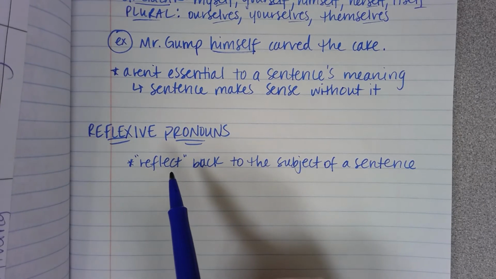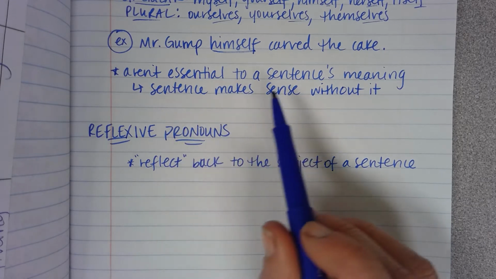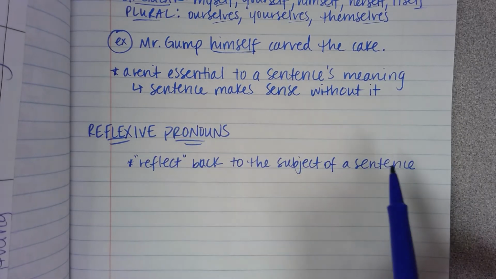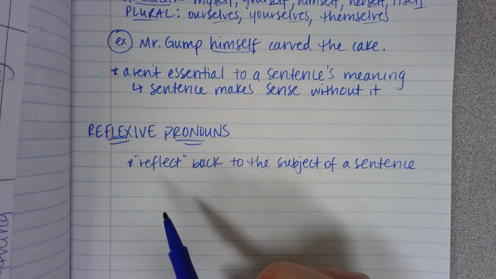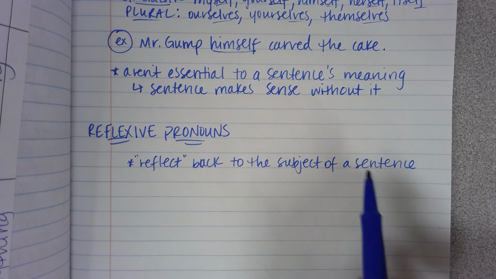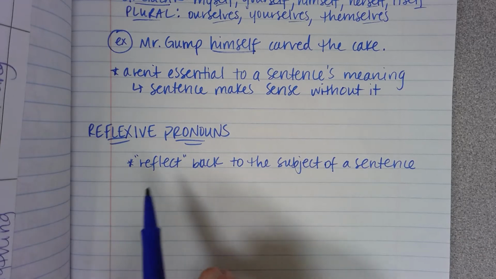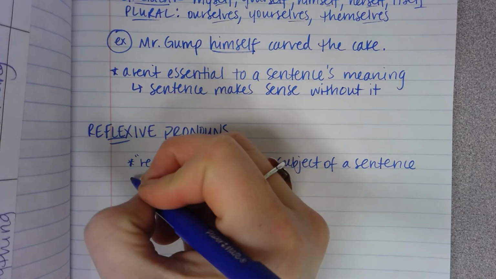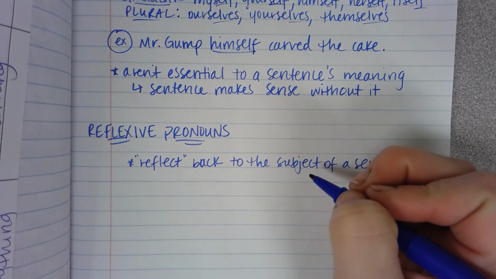So maybe you thought of this word reflect when you heard reflexive. Think about what this word means. You reflect back, or you look back at something that wasn't right in the moment or right before this. So it's probably something that happened earlier on.